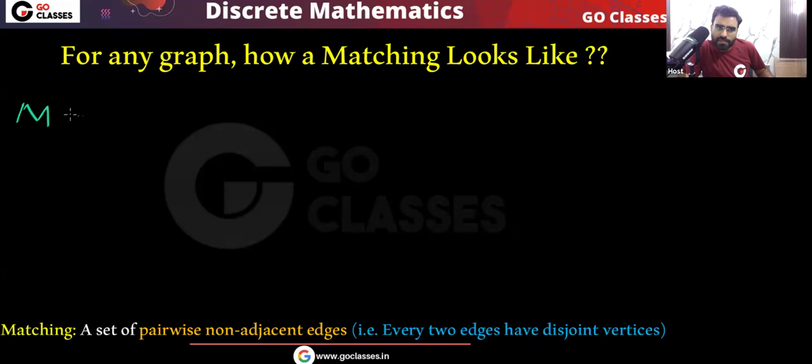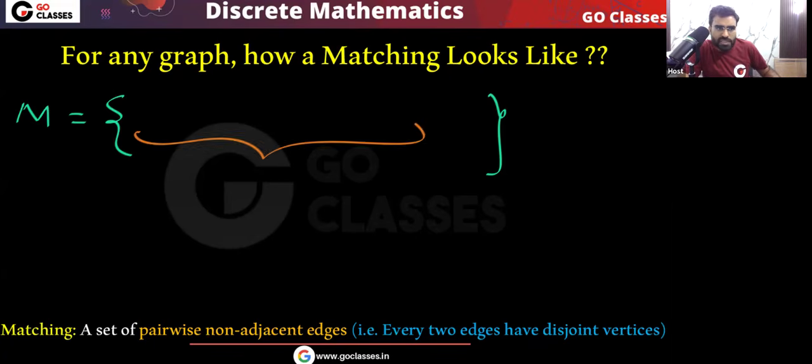So if M is a matching, in any graph, a matching means a set of edges which are pairwise non-adjacent. For example, if an edge is A1, B1, then the other edges cannot have vertex A1 or vertex B1.